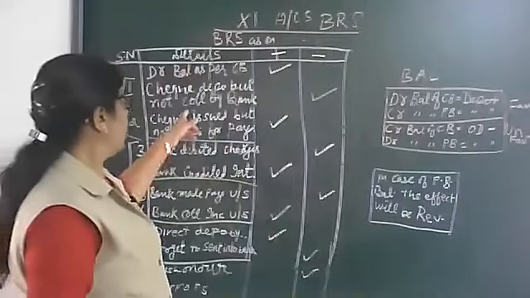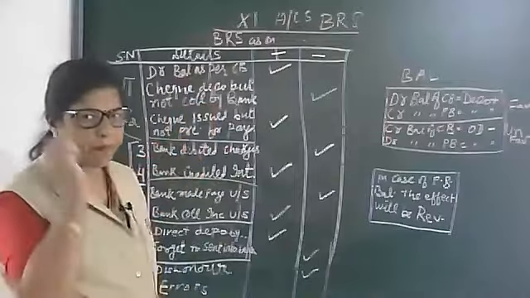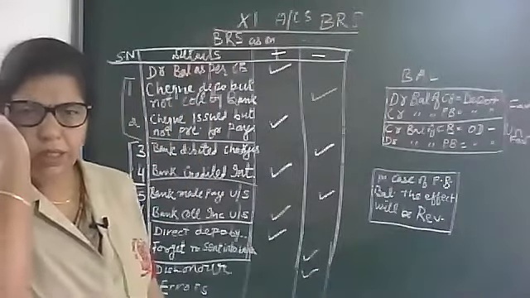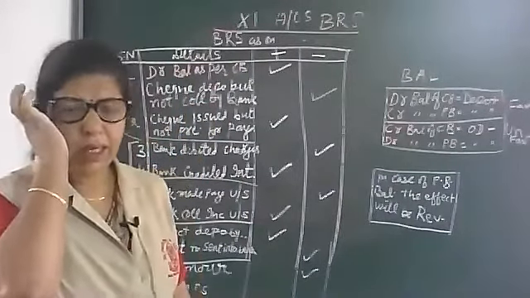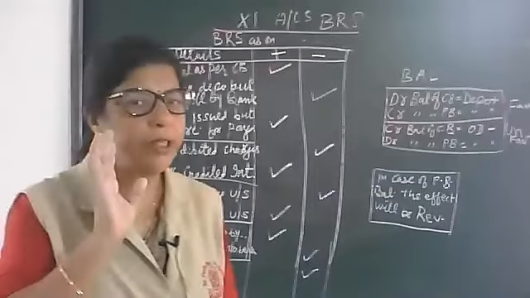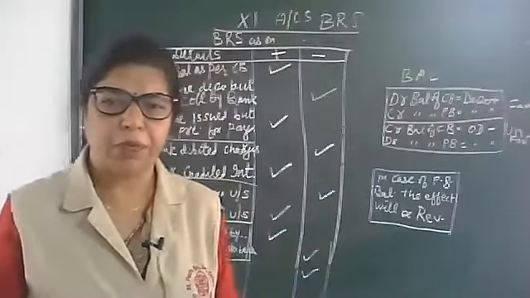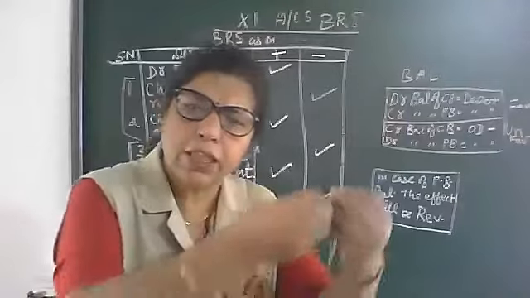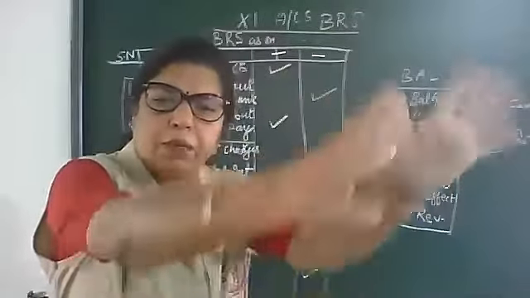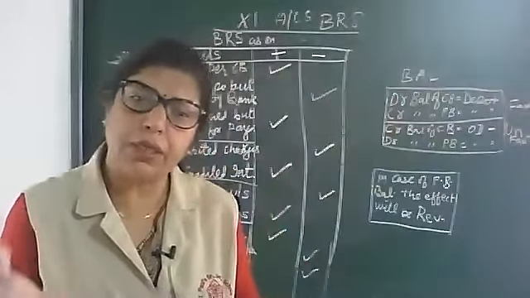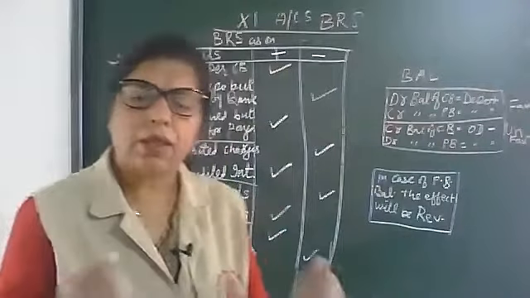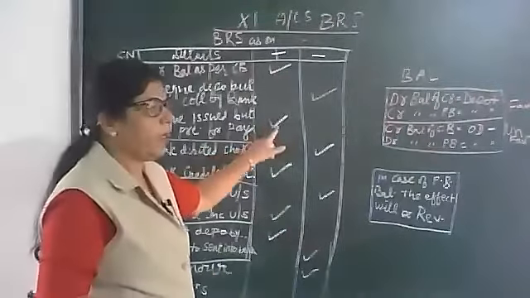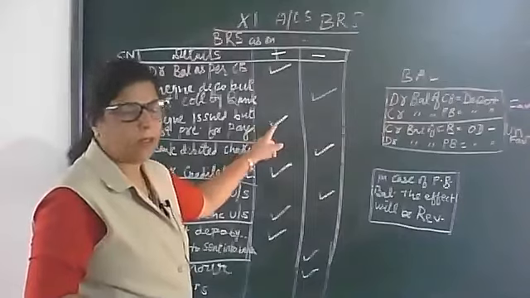That's why not collected by bank. That will be minus. And check issued but not presented for payment: I have given a check to someone to take money from my bank account, and he is not going to the bank, then it should be a plus.